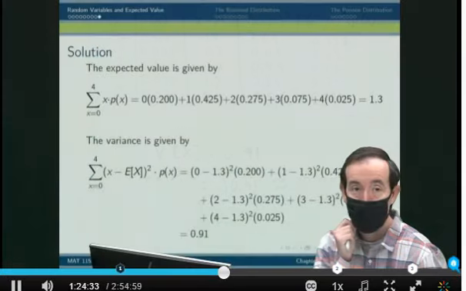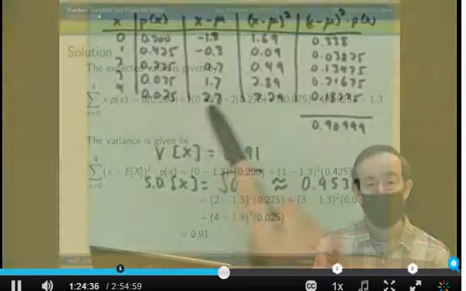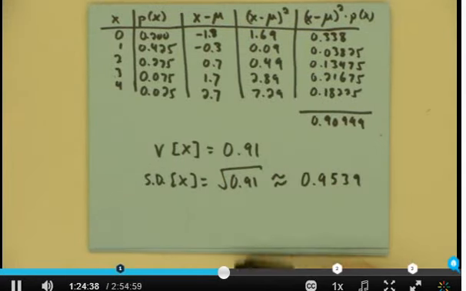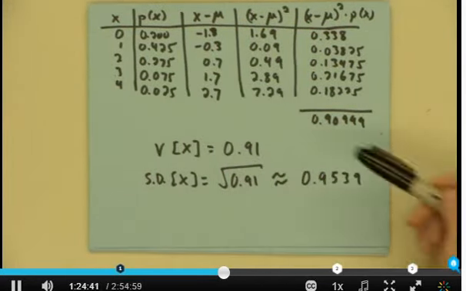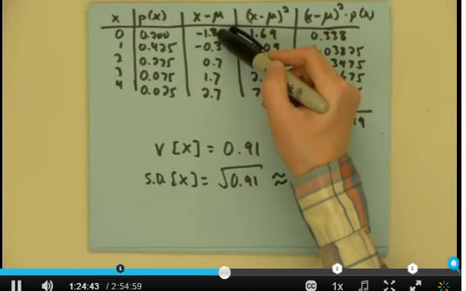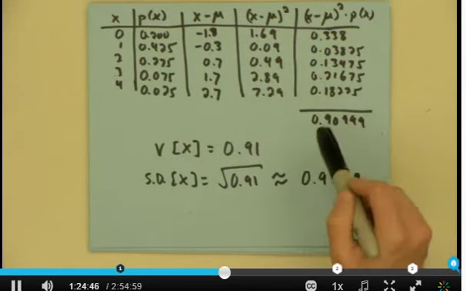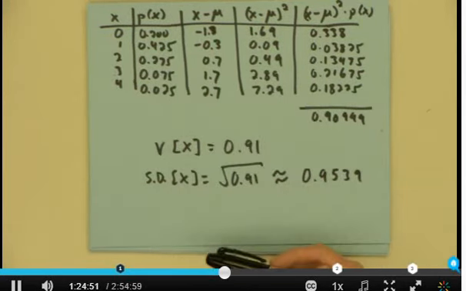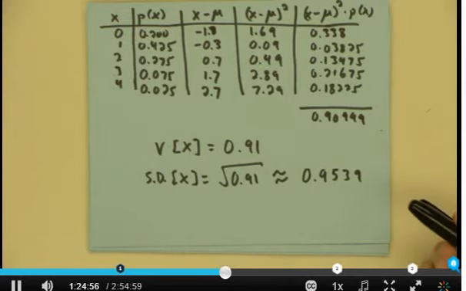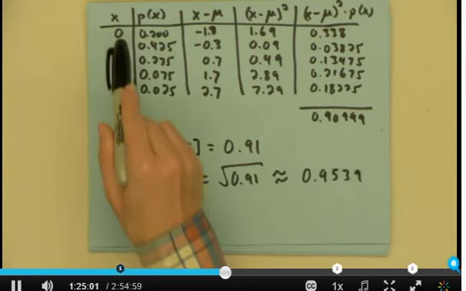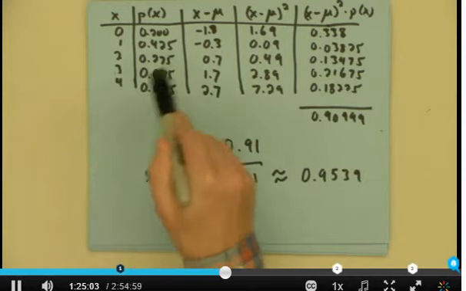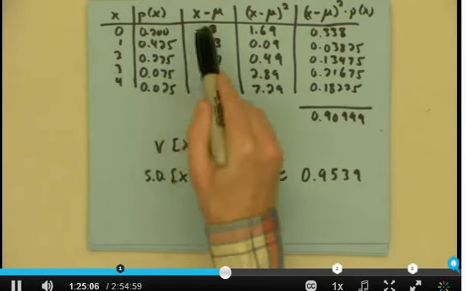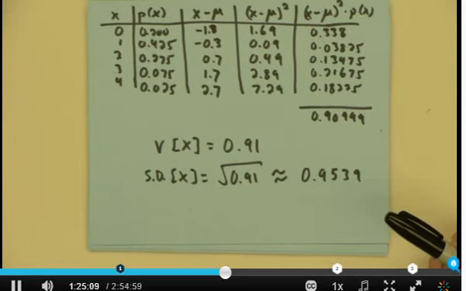When you're calculating a variance with a table like this, I would strongly encourage you to include those extra values, those extra columns, because it's easy to make a mistake here and not see it if you try to go straight to adding up those numbers. If you do it this way, you can usually spot the mistake, and in fact, if you are careful, you can use a spreadsheet program like Excel to do this for you quickly. You can type in the x value, and in the next column you can say equals that number minus whatever value you're subtracting.